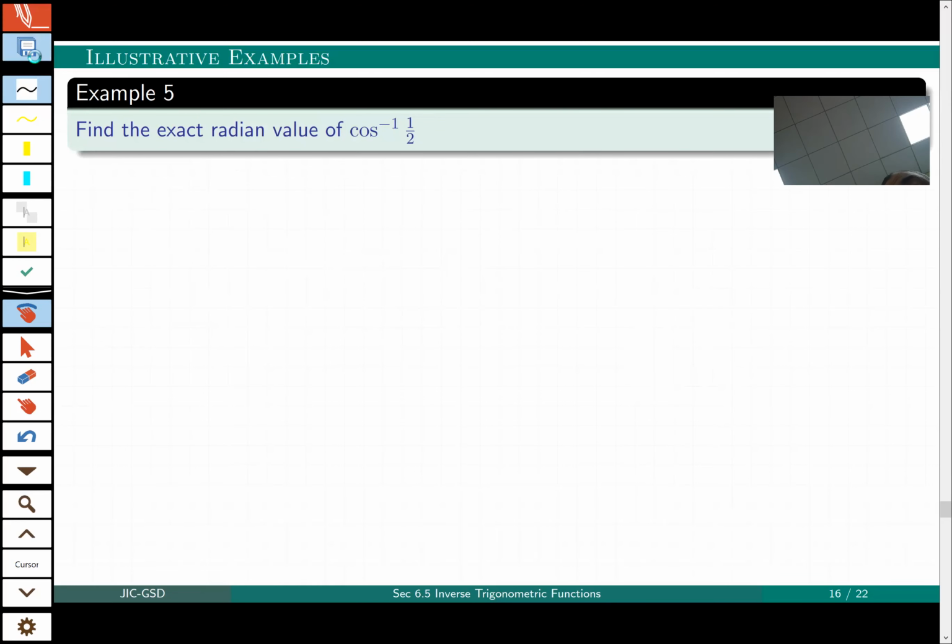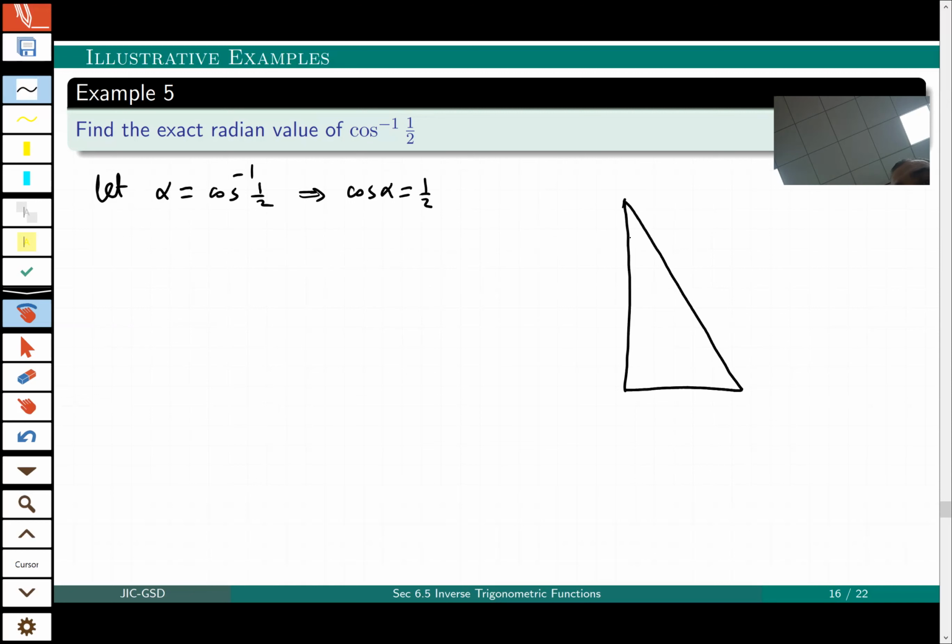Now, similarly, when alpha is equal to cosine inverse of 1/2, that will mean cosine alpha is 1/2. It must be in quadrant number 1, and that is from the triangle: pi over 6, pi over 3, with sides 2, 1, square root of 3.